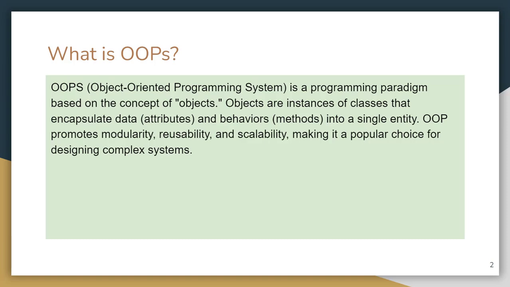OOPS promotes modularity, reusability, and scalability, making it a popular choice for designing complex systems. In Python, everything is treated as an object. That is why it is called a fully object-oriented programming language.